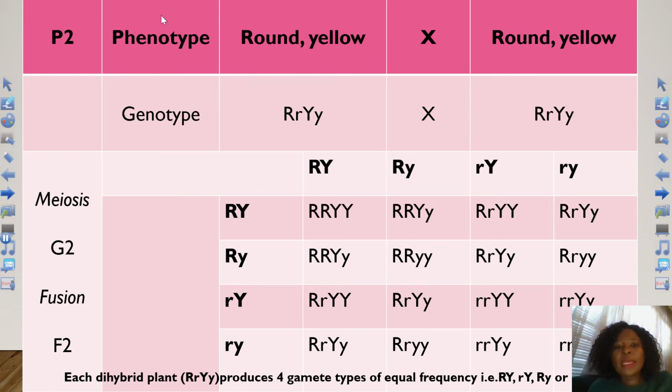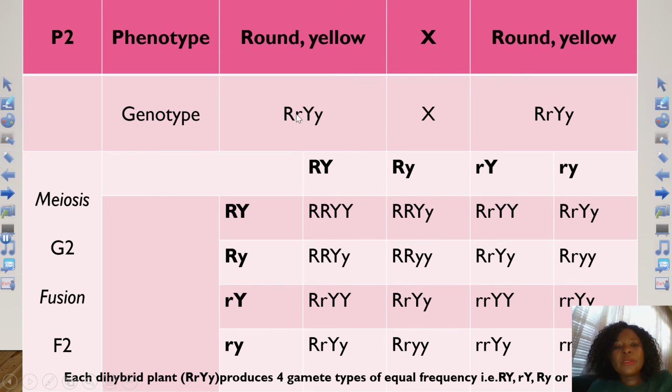So how do the alleles combine? The first possibility is the capital R can combine with the capital Y, and it gives us that gamete over there, which is capital R and capital Y. Then the second option is the capital R can combine with the small y, and then it gives us a gamete that has capital R and small y.